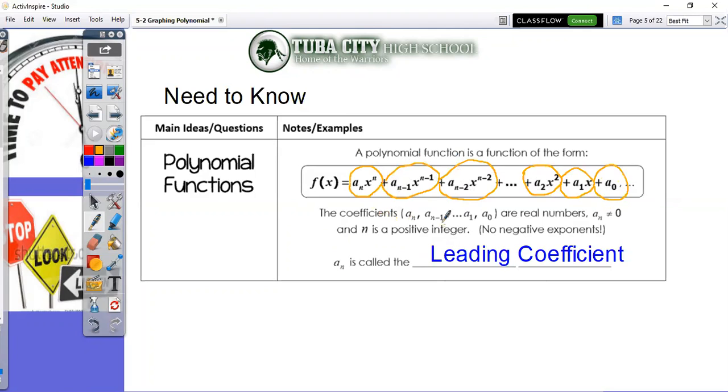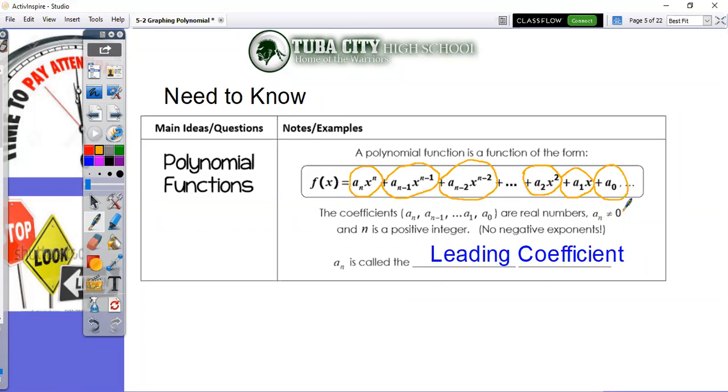And all these coefficients are real numbers. So in other words, you should have real numbers. That means it's okay to have fractions, it's okay to have negative numbers, but you cannot have things like imaginary numbers or undefined numbers. A to the n, and again, that's your highest power, the leading coefficient, cannot be equal to 0.